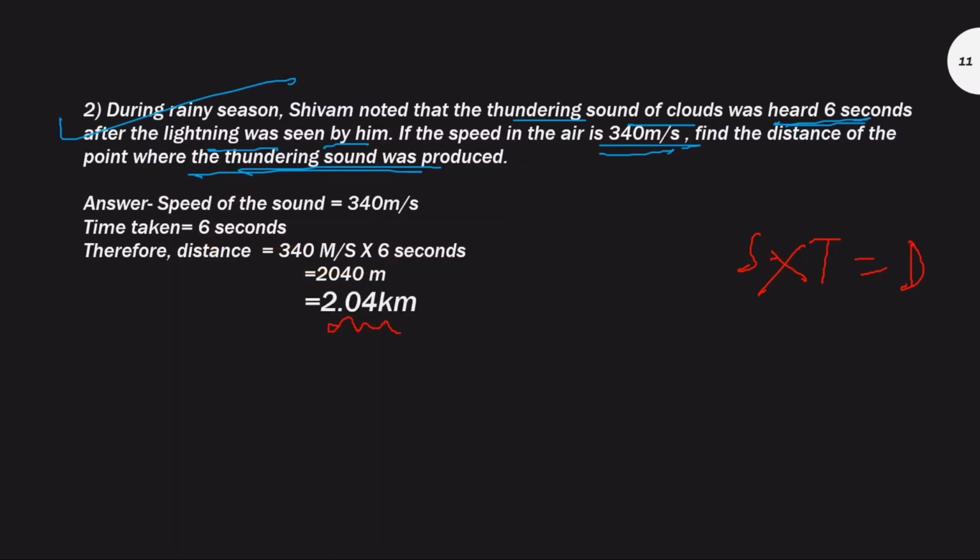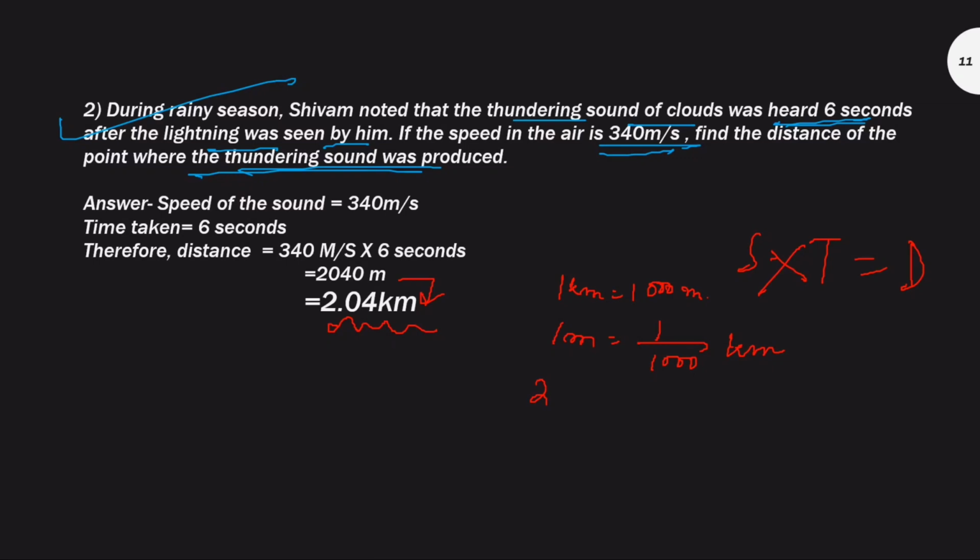This distance would be 2.04 kilometers. Meters has been changed into kilometers. How has it been changed? Because 1 kilometer equals 1000 meters. So 1 meter equals 1 by 1000 kilometers.